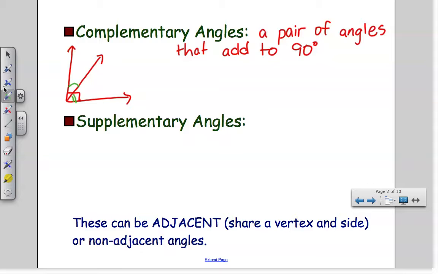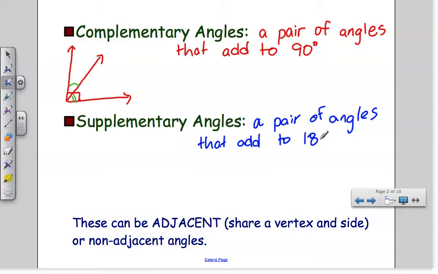Now, supplementary angles add up to another special degree measure. If we're not talking about 90 degrees, what other angle measure is very nice to work with is 180 degrees. So supplementary angles are a pair of angles that add to 180 degrees. And I'll draw this one as totally separate angles because they don't have to be adjacent, they don't have to be next to each other.